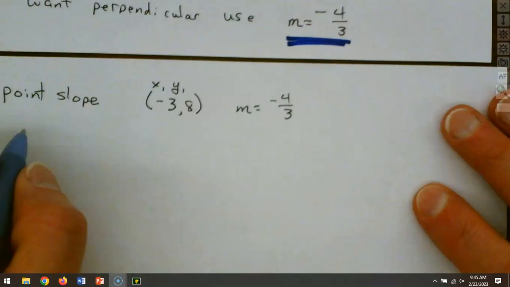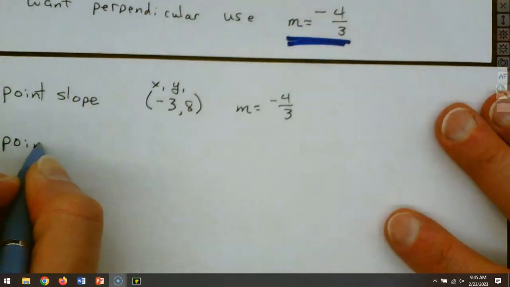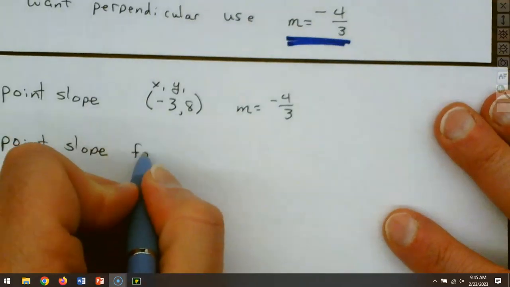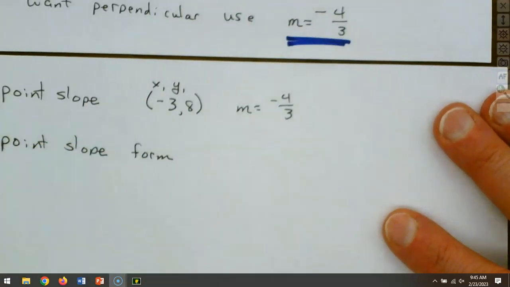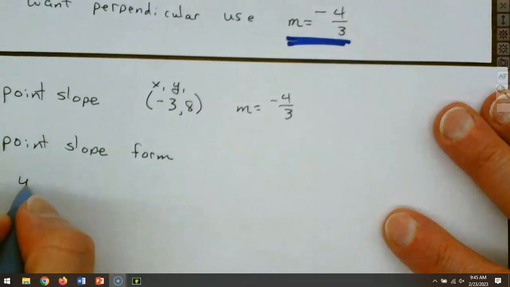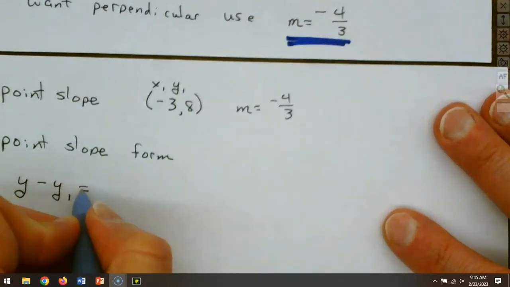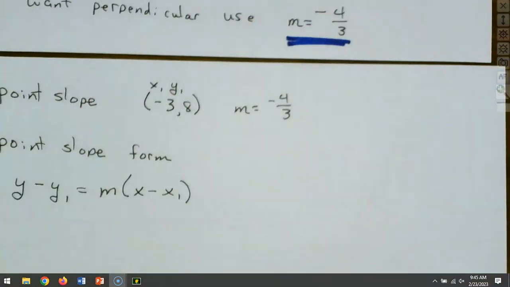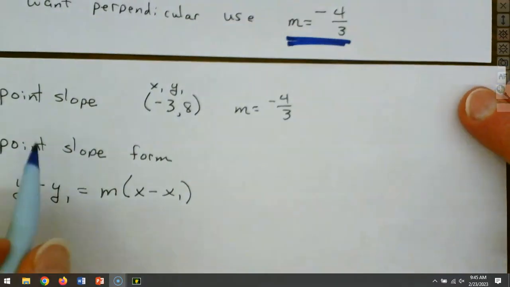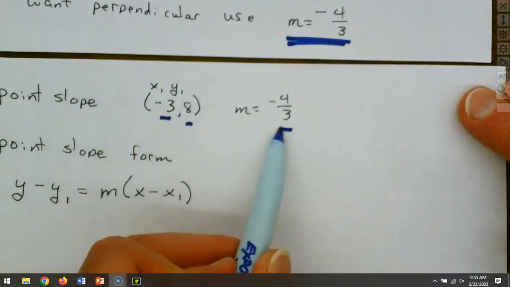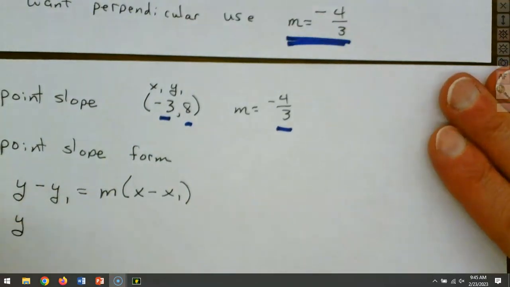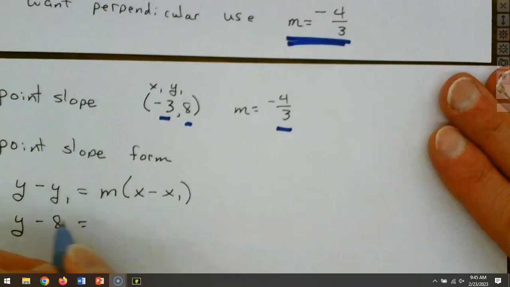Now, we apply our point slope formula, and the point slope formula is y minus y1 equals m times x minus x1. So we're going to be plugging in our x1, our y1, and our new slope. So let's go ahead and do that. And that's y minus 8 equals minus 4/3 times x.